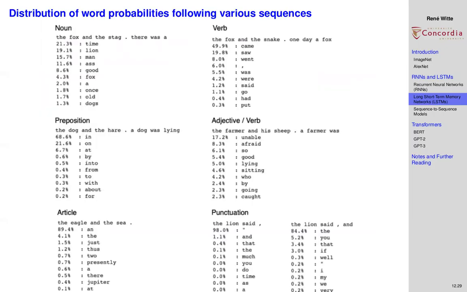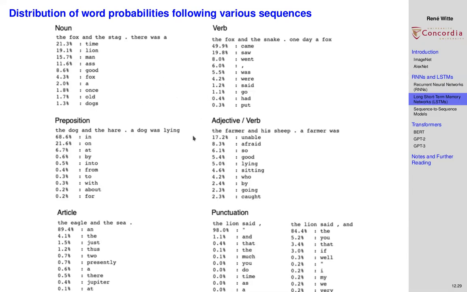But once it is done training, you can, for example, look at the word probabilities. Now you feed in a sequence of words, and it can predict a softmax output: what is the most likely next word to come in the sequence. So here, for "the fox and the stag, there was a", it will predict as the most likely word "time", second most likely "lion", third most likely "man", and so on.